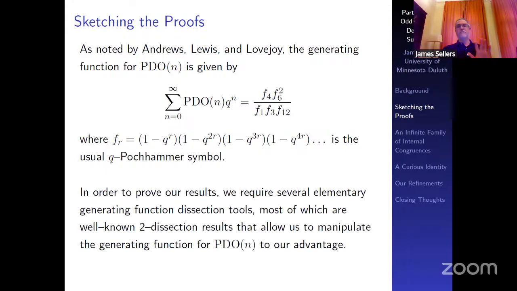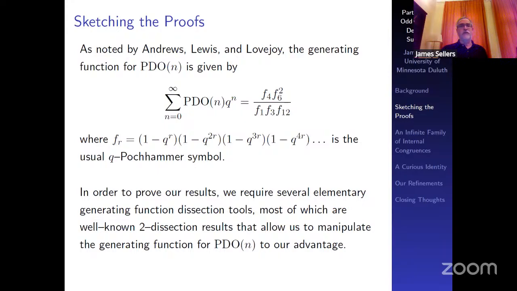Okay, so in order to prove, let's say the congruence is mod 4, I need to be able to do 2-dissections on this generating function, mainly because the skip value on the arithmetic progression is a multiple of 2, and it's also a multiple of 4 and so on.